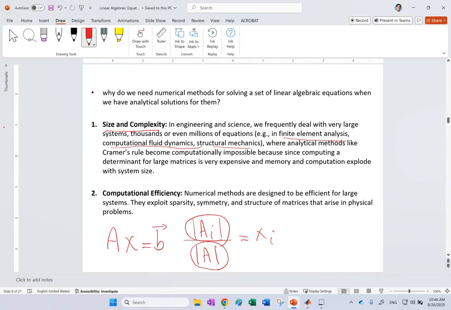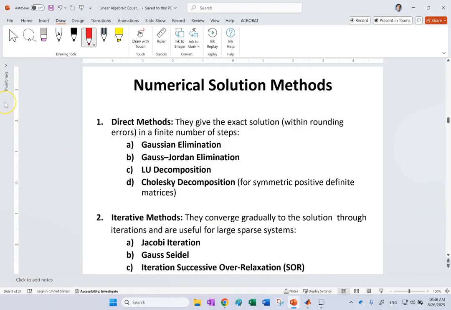Some of these numerical methods that we're going to learn solve these big equations a lot faster because they are designed to use the sparsity of the data, symmetry of the data, and so on. Sparsity means, for instance, that your coefficient matrix has a lot of zeros, which again happens a lot in finite element analysis. Some of them are designed to take advantage of that, and they can solve it a lot faster.